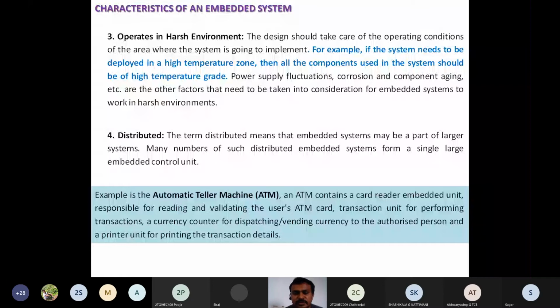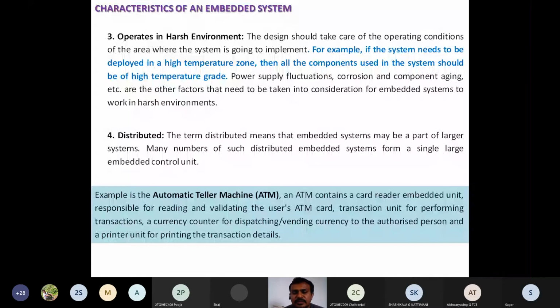Then the transaction unit for performing transactions where the currency is going to be dispatched. Then the currency counter for dispatching and vending currency. The currency counter is a small part of the distributed embedded system which is responsible for dispatching the currency.